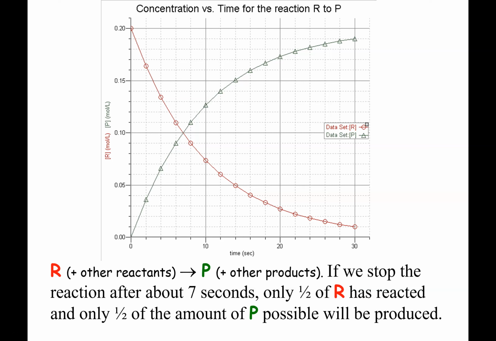Okay, so what this says, like the caption says, if I were to stop it at about 7 seconds. So we have 2, 4, 6, and so 7 seconds is right about here. Notice 7 seconds is where we have about half of our reactant left, and we have half of our product formed. So if we were to squelch the reaction at 7 seconds, we have a 50% yield.